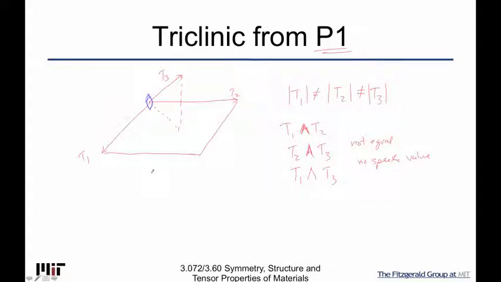Then T3 can only go up, and it has to land somewhere in space where it has another twofold axis that'll allow this whole unit cell and crystal structure to be reproduced. If I land into random space, I change by definition the lattice, right? The two-dimensional lattice, because I'm all of a sudden generating in this random place a new symmetry element.